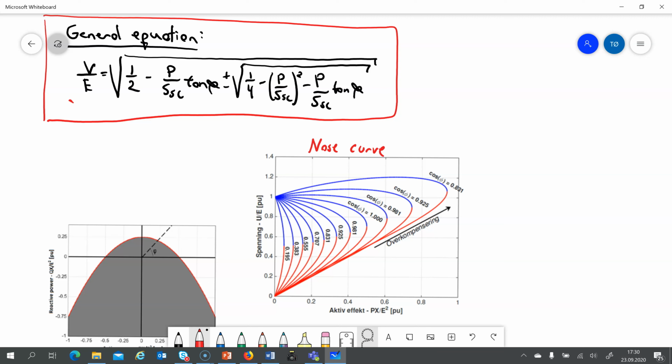And we have seen that when cos phi is 1, that means no reactive power is in the grid, we have, as before, 0.5 and another color, and then something like this, 0.0, like this.